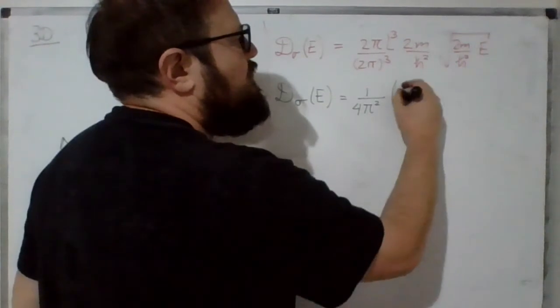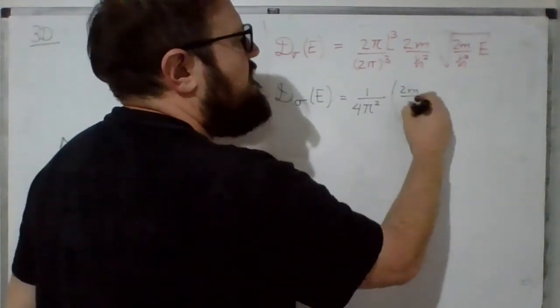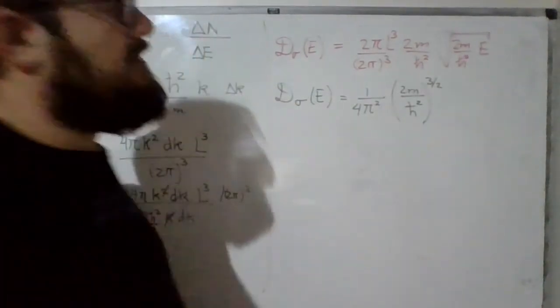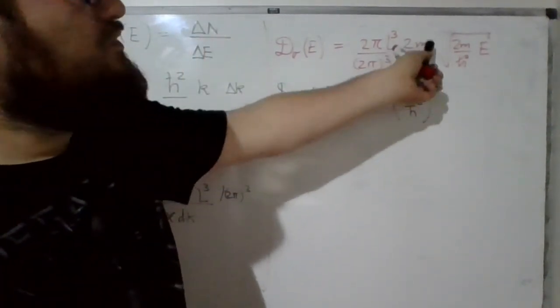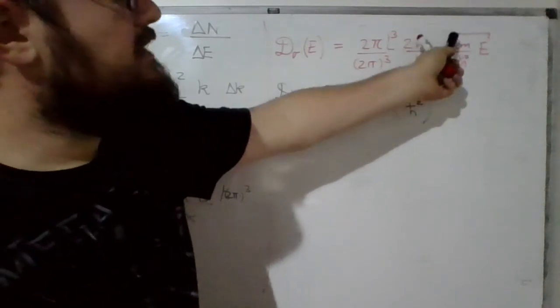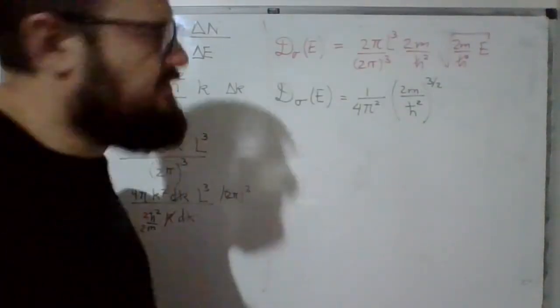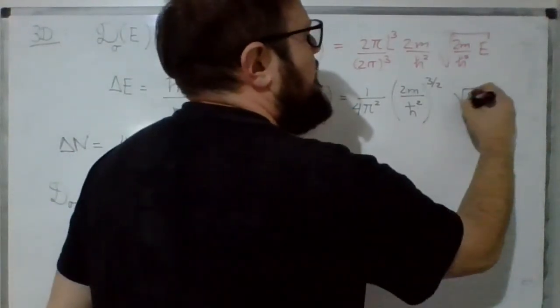And you have twice the mass of the particle over ħ squared to the 3 halves, because now you have 2m over ħ squared to the 3 halves, times the square root of the energy.